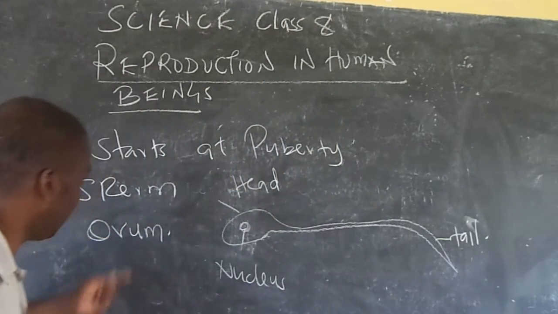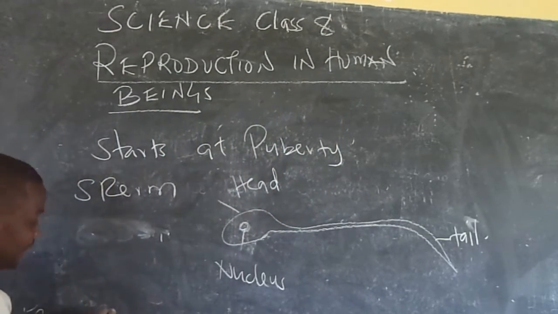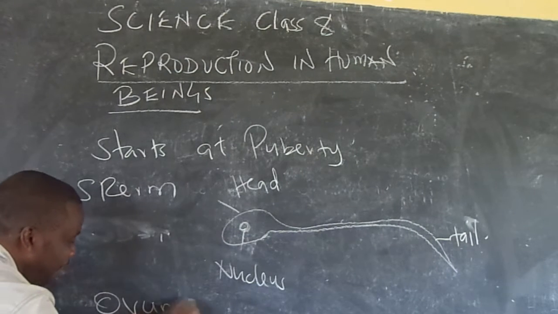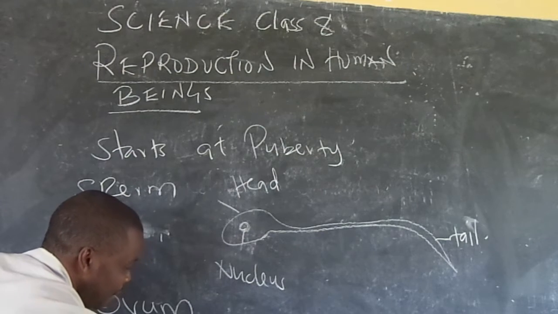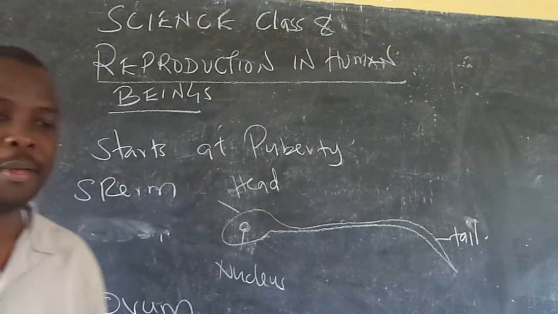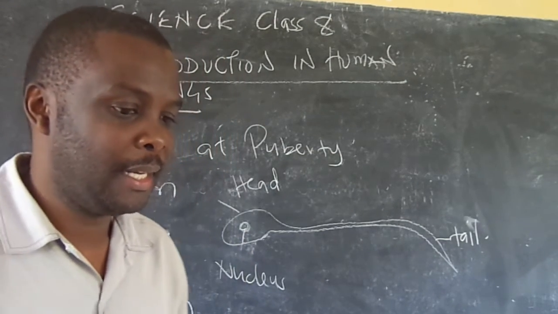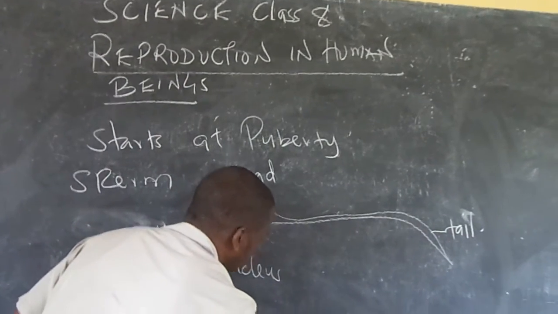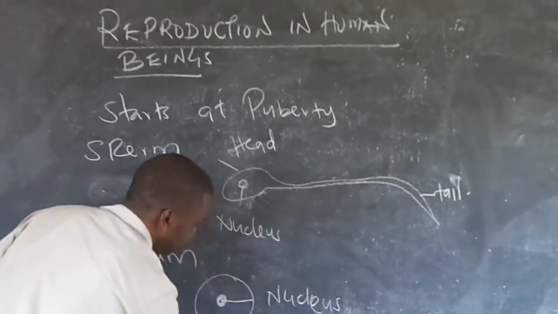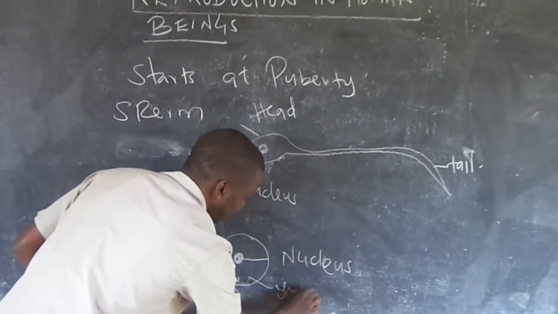Now when I'm talking about the ovum, it's like an egg, like this one. Then you have what you call the nucleus. So this one is the nucleus, and this is the yolk of the egg.